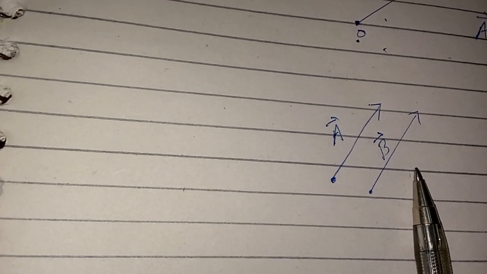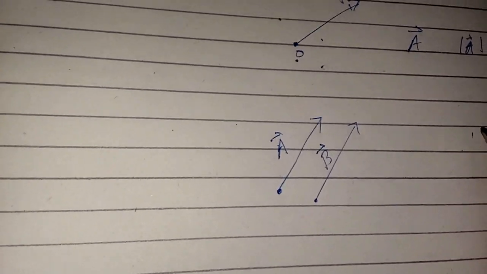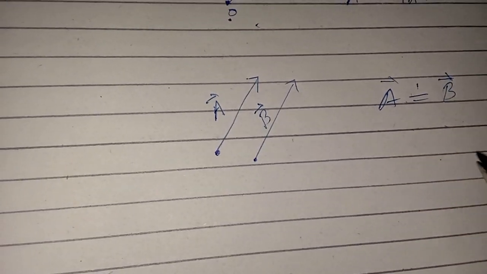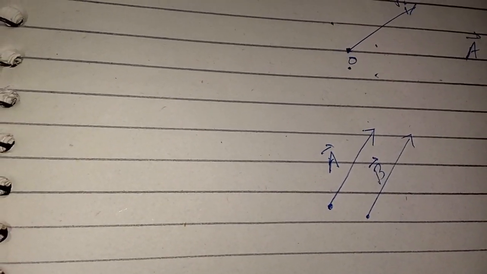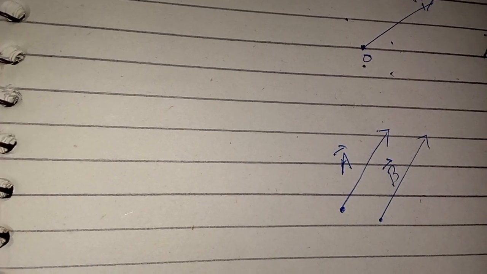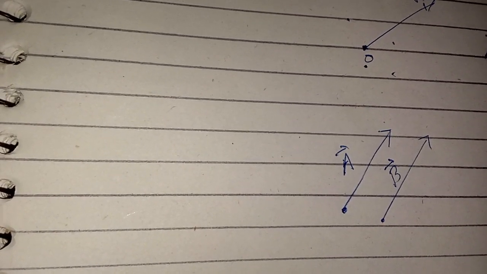Equal vectors. Two vectors A and B are said to be equal, written as vector A is equal to vector B, if they have the same magnitude and the same direction regardless of the position of their initial points as we draw. Thus, a vector may be shifted from one location to another, provided neither the magnitude nor the direction is changed.